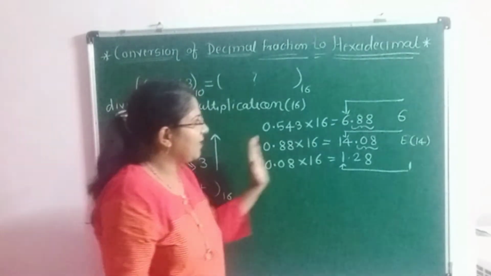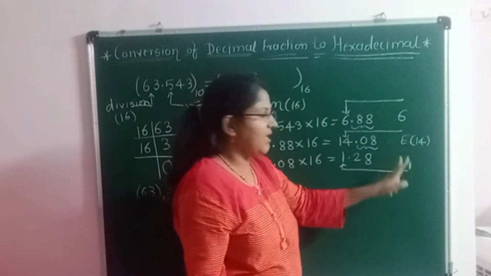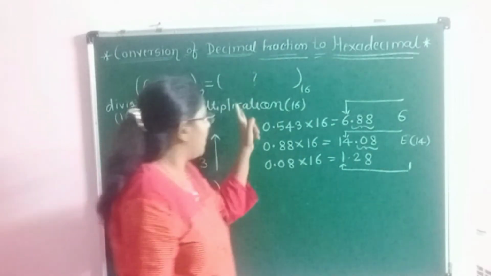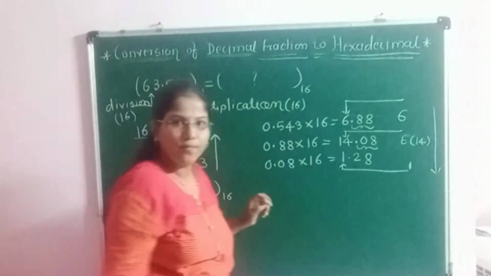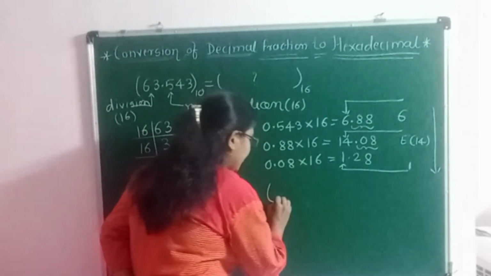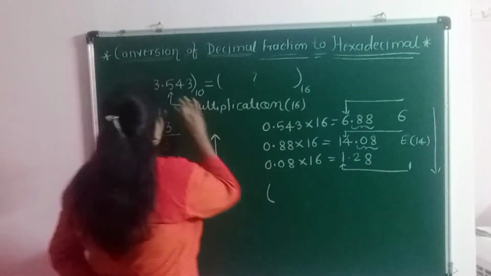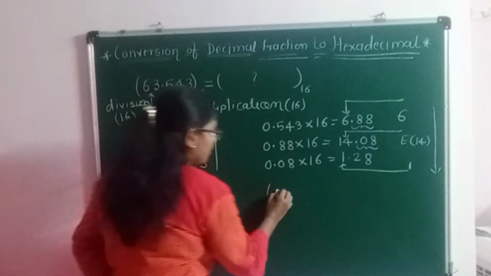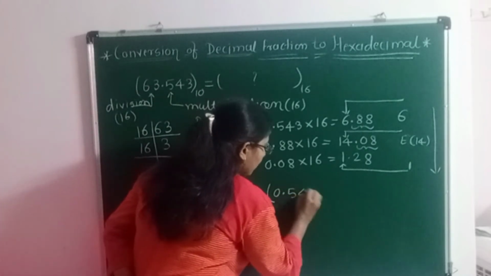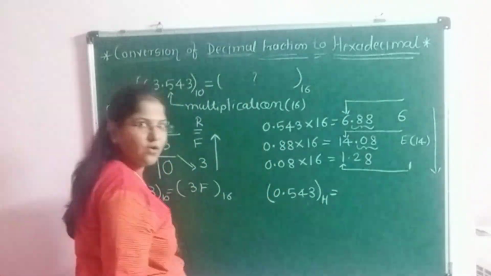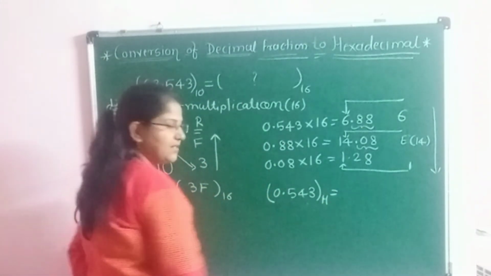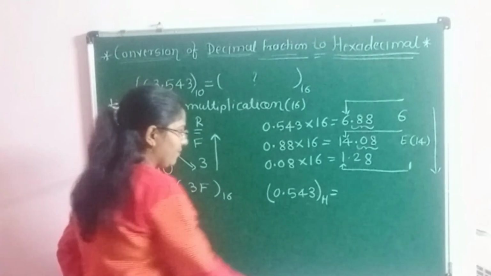Now here the collected integer numbers are 6, E, 1, and this is the multiplication process. So collect these integer numbers from top to bottom. So I will write the hexadecimal equivalent. First the decimal number is 0.543. Here I have written h because h also represents the hexadecimal number system.